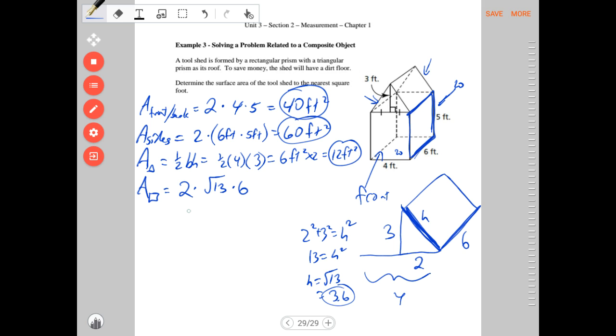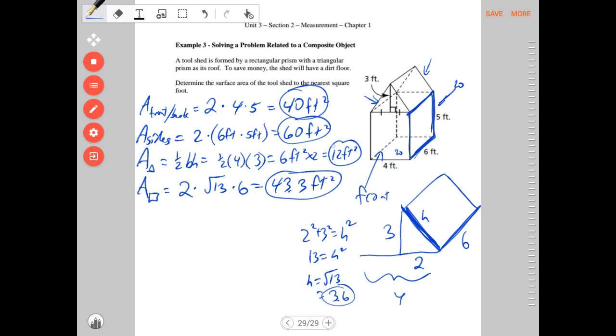But it's fine, you can do either one you want. So 2 sides times root 13, times 6. Okay, so that works out to 43.3 square feet. Okay, so those are all the individual parts.